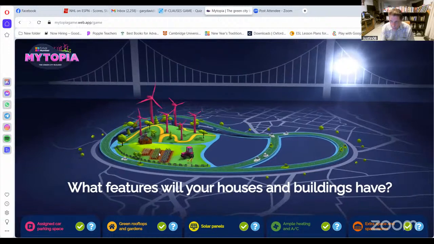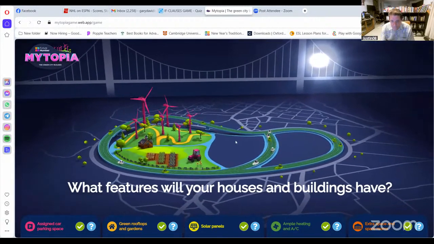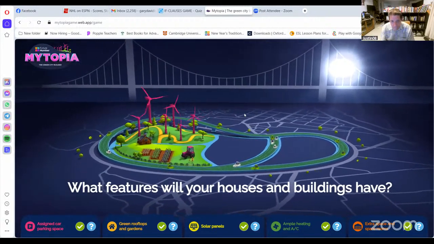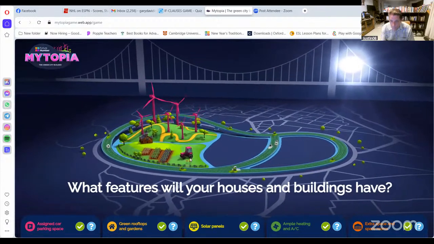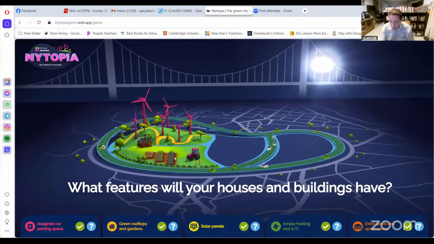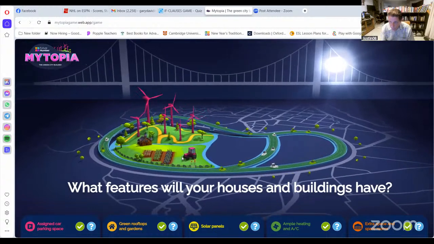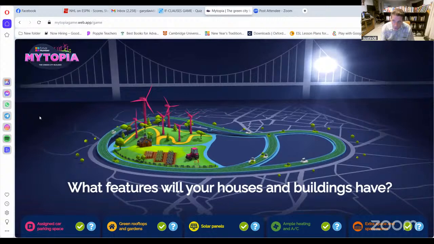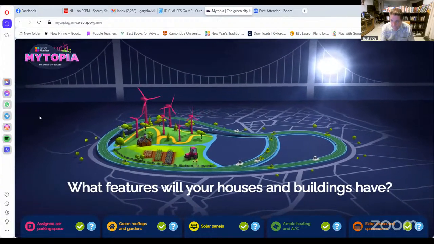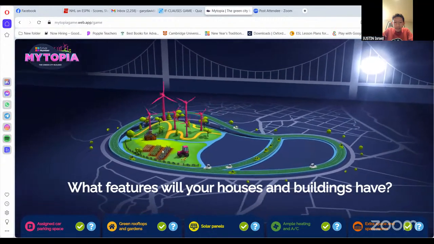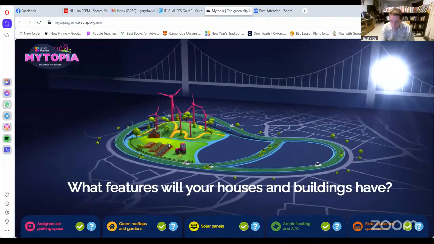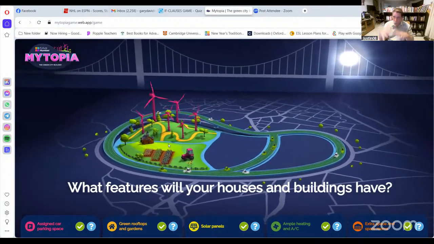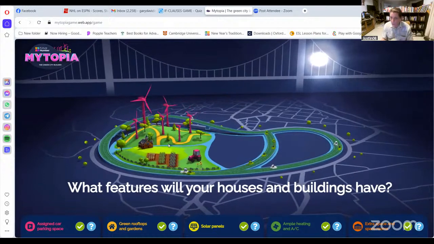So don't you think the food will be fresh? The other option would be that we bring the food from other cities or we import the food from other countries, right? So in which situation will the food be fresh? If we grow the food locally or if we import from other countries? What do you think?